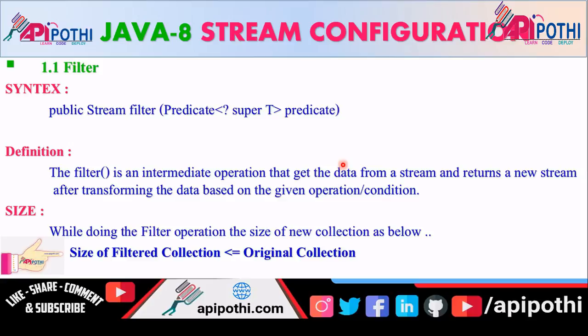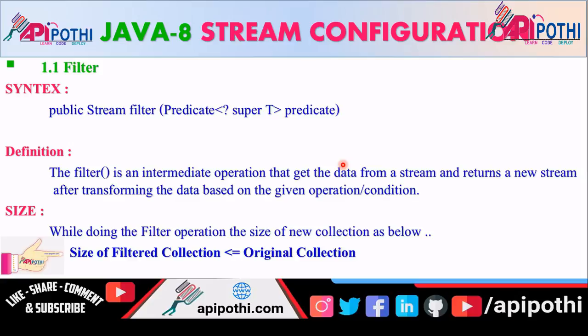Now there is some fact of the filter also. See, you will be having 10 elements inside the stream. Now we are doing the filter, depending upon some condition. Now the thing to understand here is that you will be having 10 elements inside the stream. After doing the filtration, it is not mandatory that you will be getting 10 elements as output.